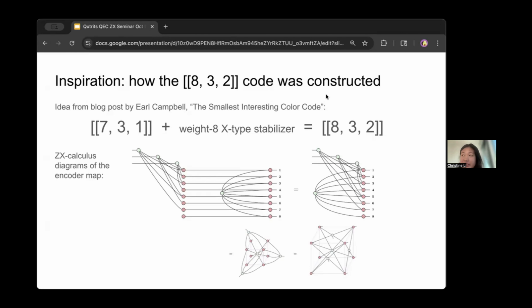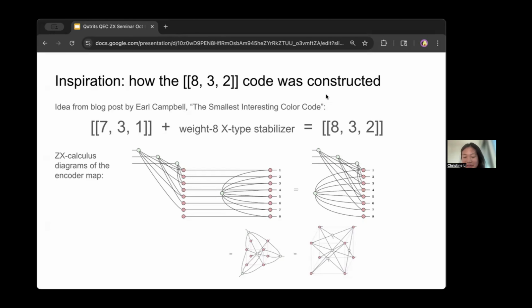In the qutrit case, it was less clear because we don't know spider nest identities. So we tried that, but it didn't quite work, so we tried other methods, and it was kind of a trial and error process.